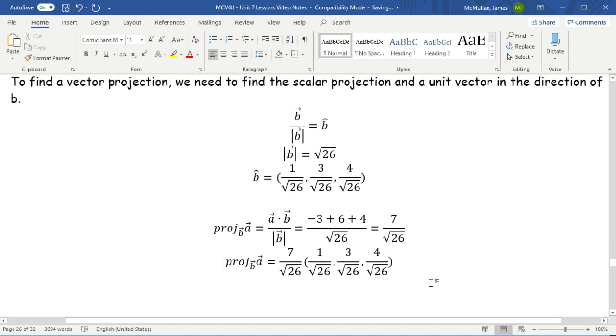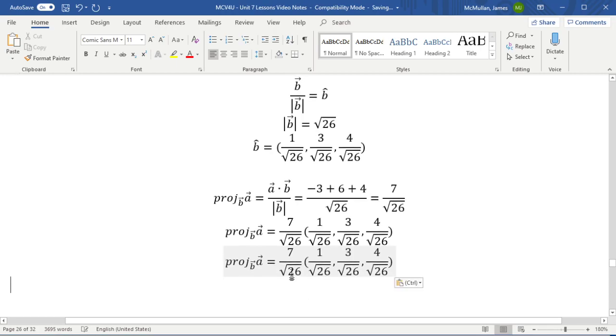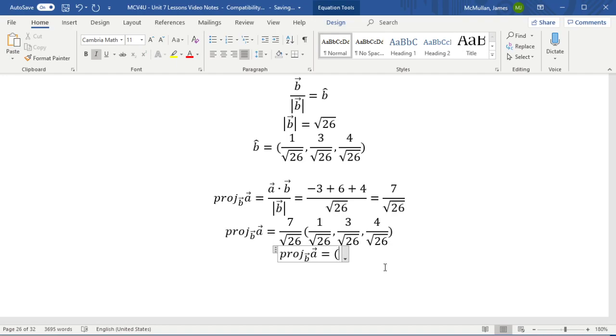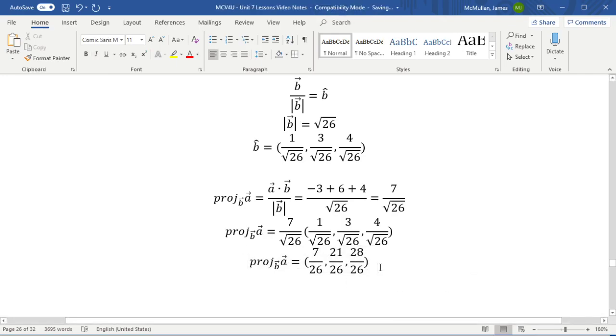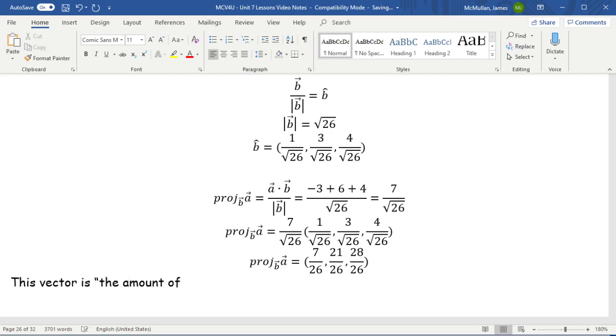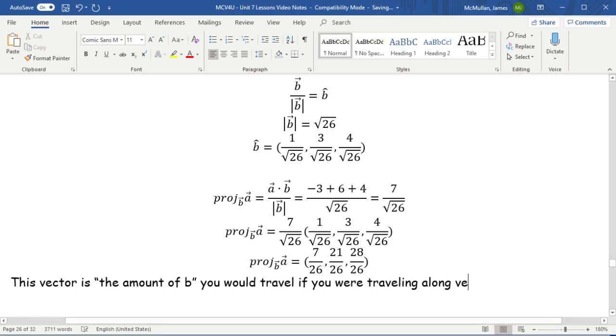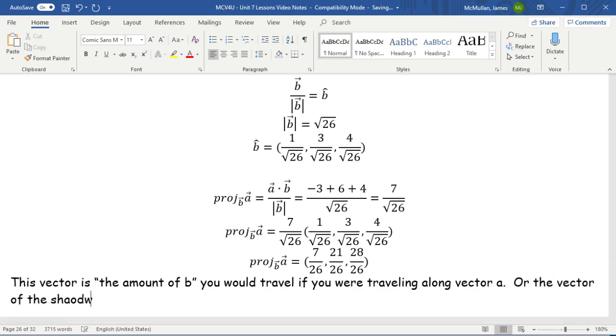The final vector, final answer, the root 26s are going to multiply together and just become regular 26s, and then we just get this as a final answer. 7 over 26, 3 over 26, excuse me, 21 over 26 and 28 over 26. Okay, and this vector is the amount of B you would travel if you were traveling along vector A, or the vector of the shadow that A casts onto B.